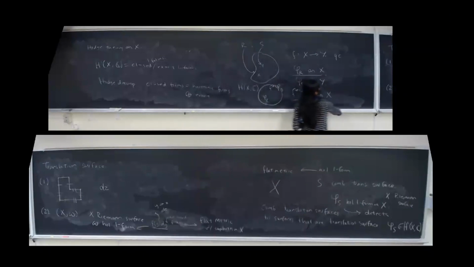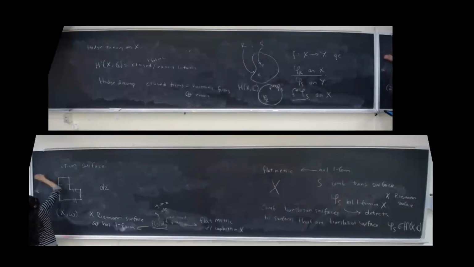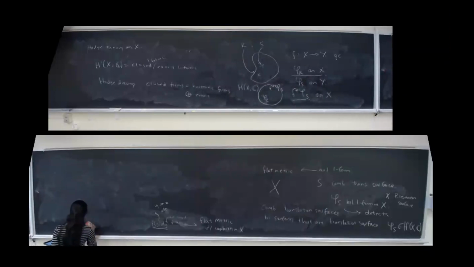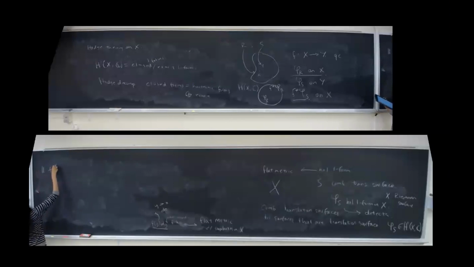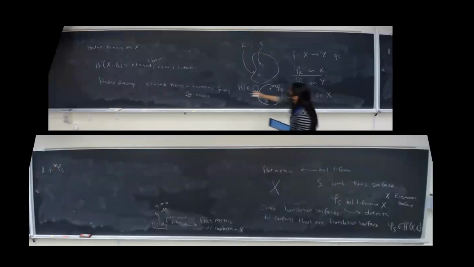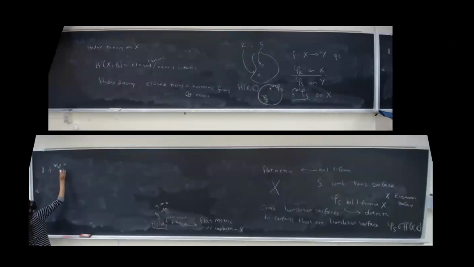And now I'm going to look at what happens if these two cohomology classes are close to each other. Cohomology classes being close means that, because of the Hodge decomposition theorem, the harmonic part of this, which I'll denote by H, is close.